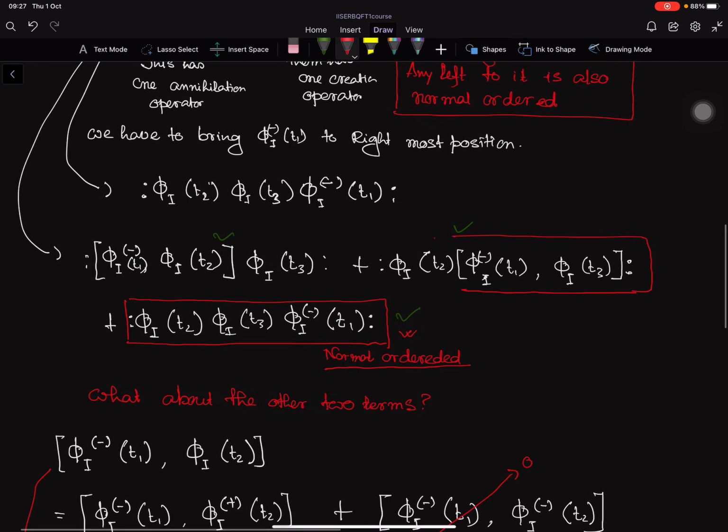Similarly here I have phi I t2 and the Feynman propagator between t1 and t3.